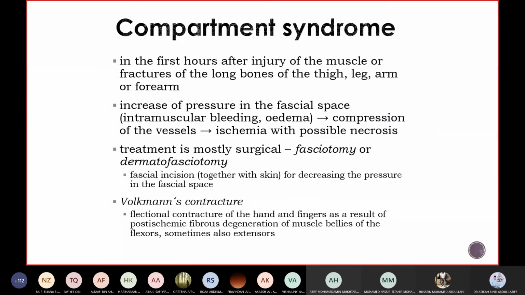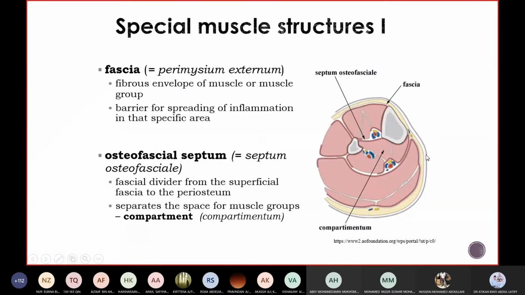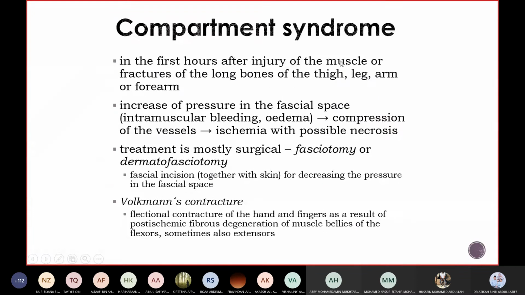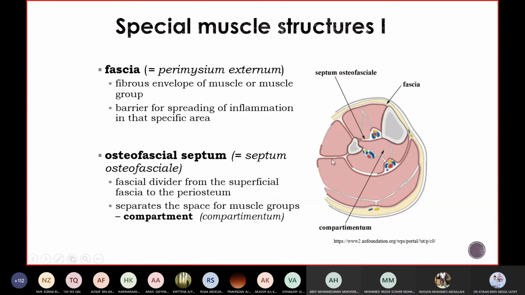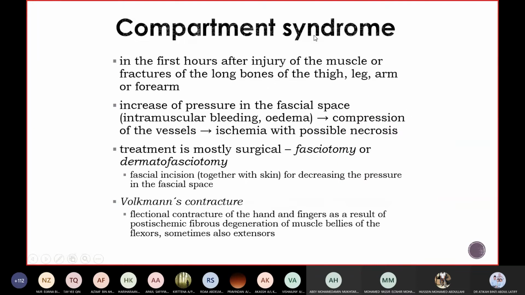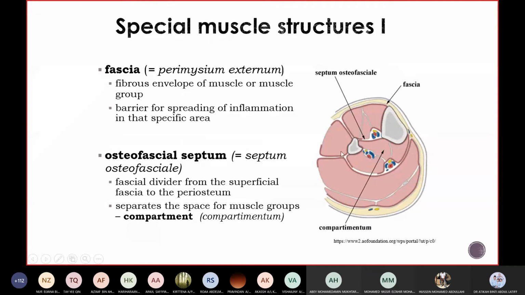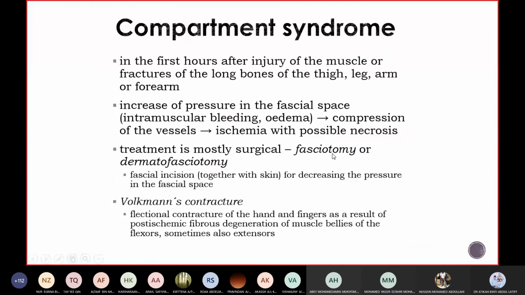Because of this fascia, there is a syndrome called compartment syndrome, where any type of injury can cause leakage of blood into this area. It is called compartment syndrome because this is a small enclosed space. If there is blood accumulating inside, for example, it can cause compression of the vessels and finally ischemia with possible necrosis.